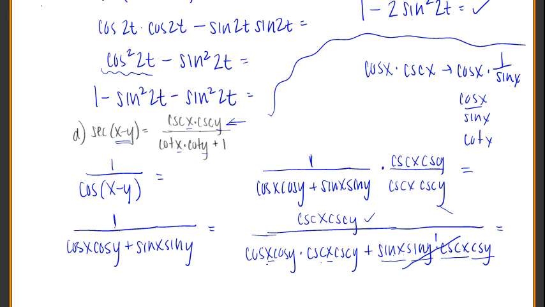So these two paired make a cotangent x. The y's, when paired up, make a cotangent y. So all that goes away and gives you this. The top of the fraction is cosecant x cosecant y, which matches up. The bottom left is cotangent x cotangent y, and that matches up, and the right side's 1. So we can call this one done.